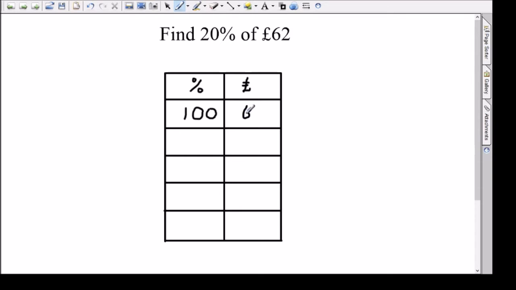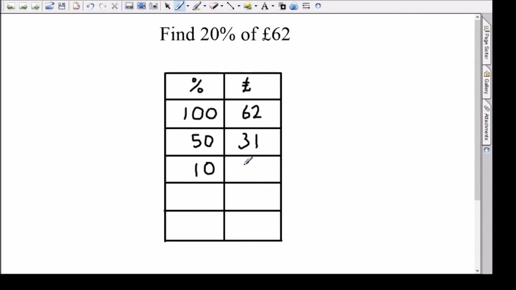Okay, so here we go. So that's £62. I won't bother with the units on this one. So what can I get to from 100%? Okay, well I can get to 50%. Not sure if that's helped me a great deal. What else? What can I use that would make life a little bit easier and help me build up to 20? Well, from 100 I can get to 10.